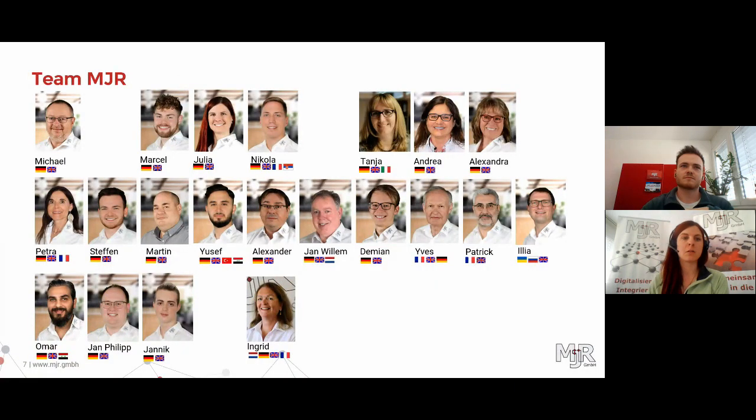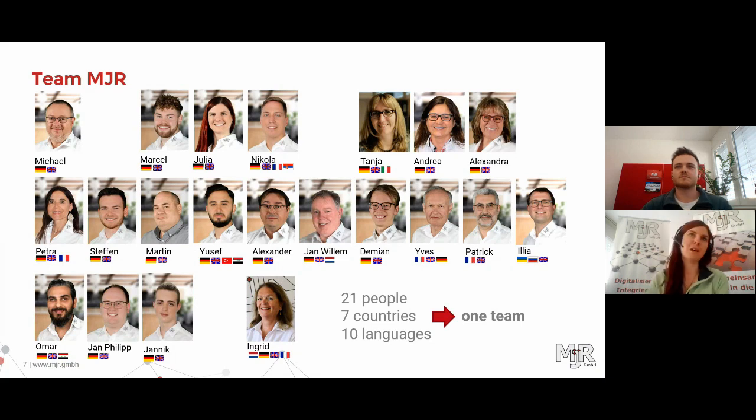The team of MJR is at the moment 21 people that come from 7 countries and speak 10 languages. So we can handle a lot of customers coming from all over the world. Altogether, you can see our team here.